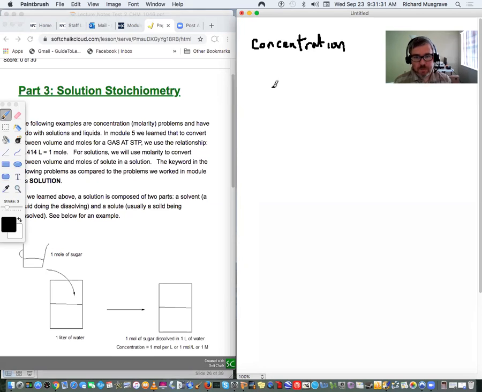Let's be a little bit more general about concentration: we'll say an amount of a solute in an amount of solvent or possibly solution.